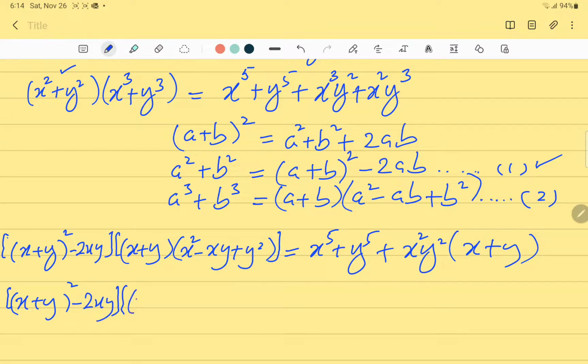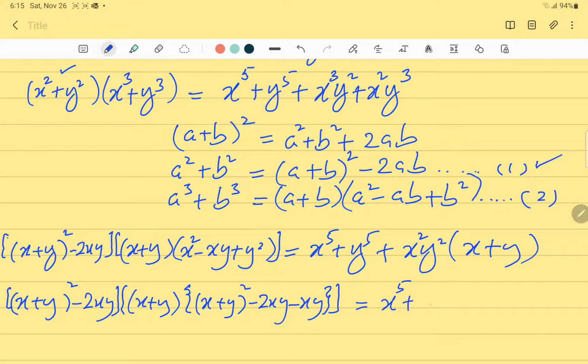In the next bracket it is x plus y, and now instead of x squared plus y squared we can again write (x plus y) squared minus 2xy, and there is one more xy which we will write here, and the right side will become x^5 plus y^5 plus the square of xy into (x plus y).